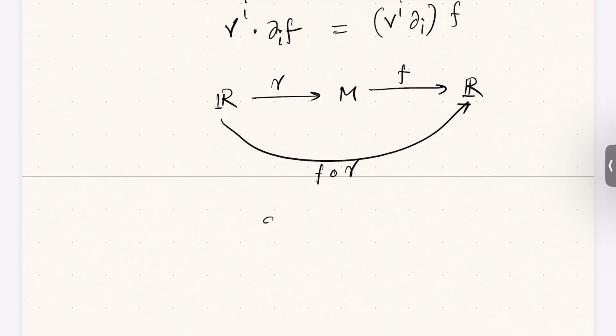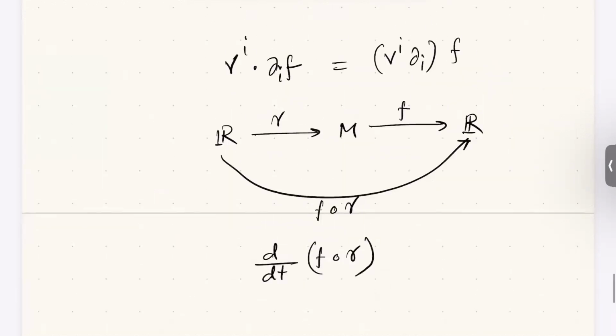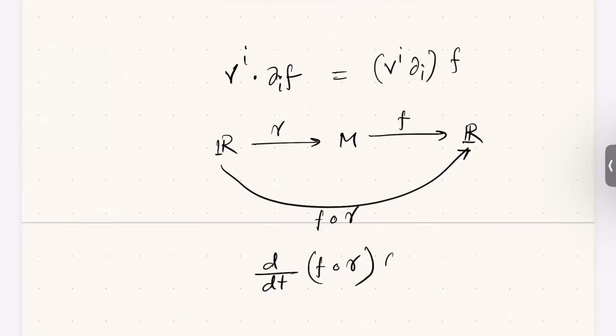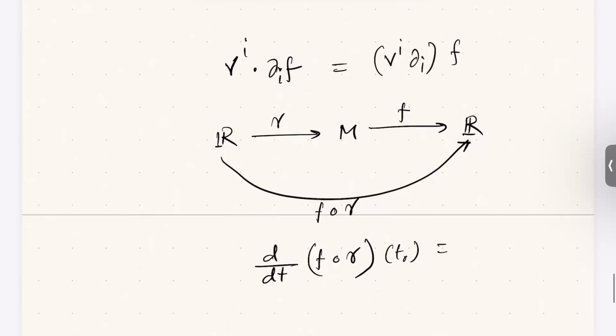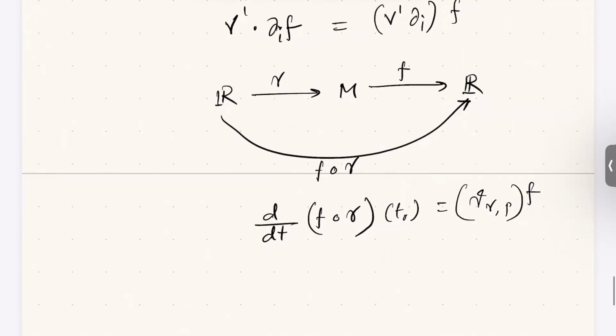Then d over dt of f after gamma, at a certain point, if I evaluate this, let's say at some t naught, is equal to v_γ,p acting on the function f. Okay.